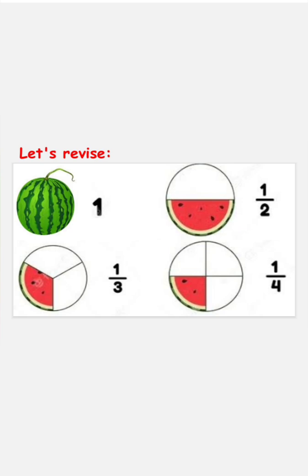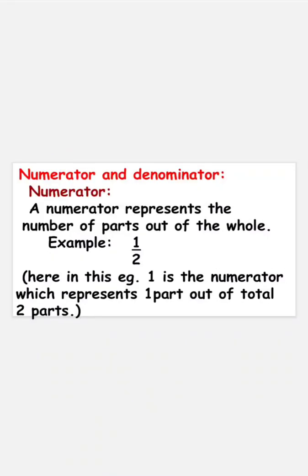Here these numbers, 1/2, 1/3, 1/4, are known as numerator and denominator. Let's learn about them. Here in half, we show it as 1/2. 1 is the numerator, which shows one part out of total 2 parts.